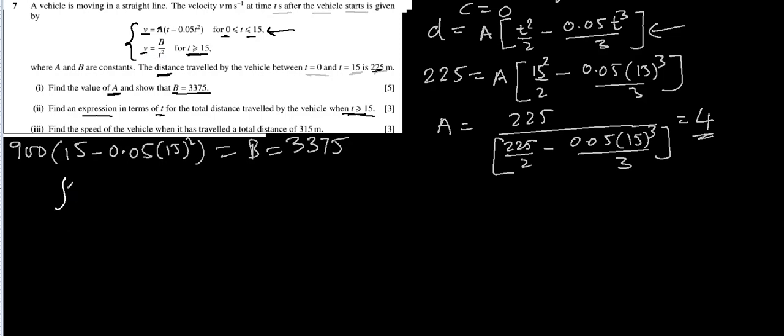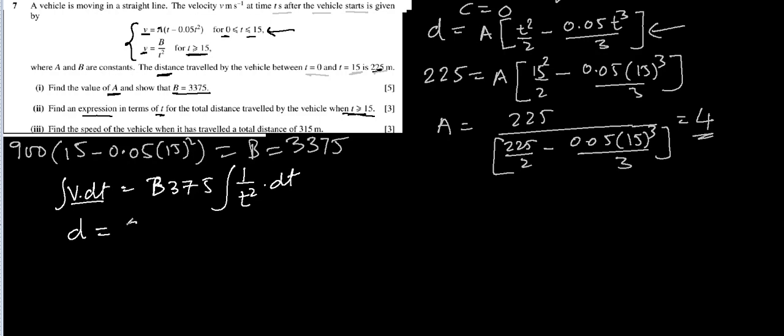So let's integrate v dt, equal to b is 3375 and 1 over t square dt, right? I separated b and 1 over t square. So let's integrate. V dt gives us displacement equal to 3375 and 1 over t square can be written as t to the power minus 2.